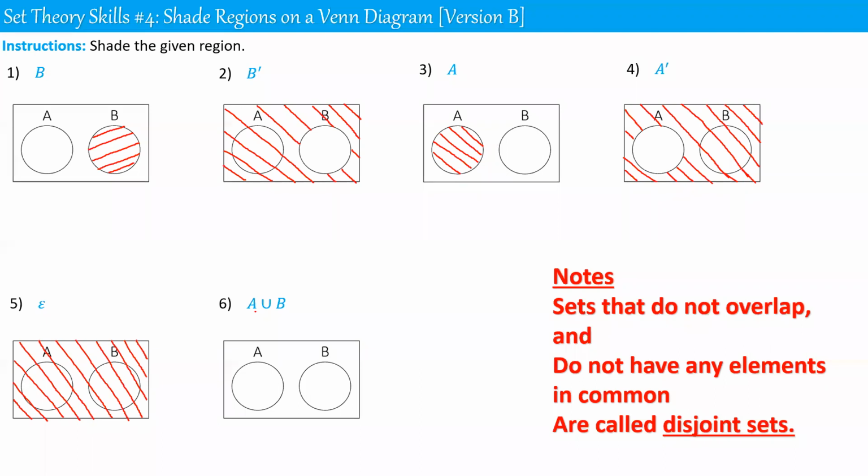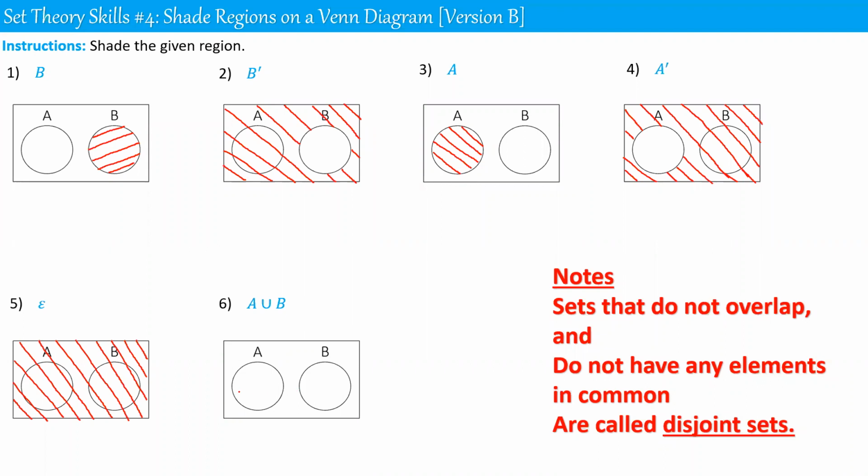All right. Next up, Devondra. Is Devondra here? Oh, she left. Yes, I will. Okay, go ahead. What would be A union B? I think that's shading in everything in A and everything in B. Okay, very good.